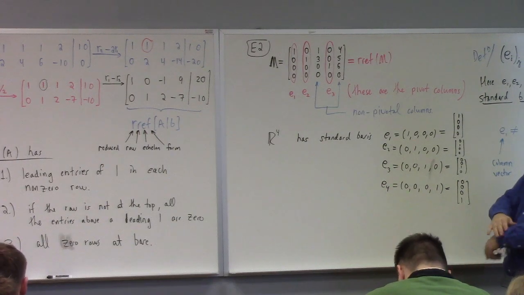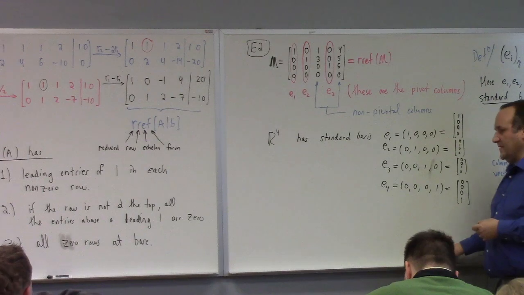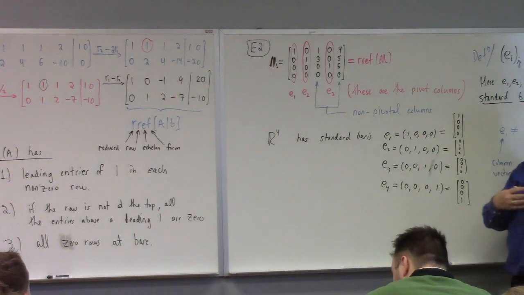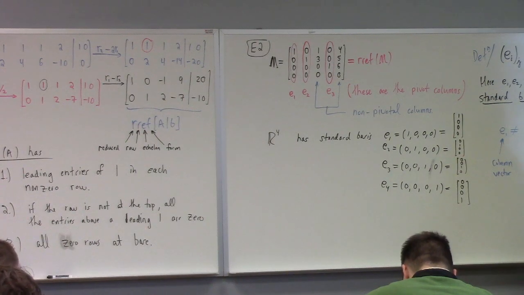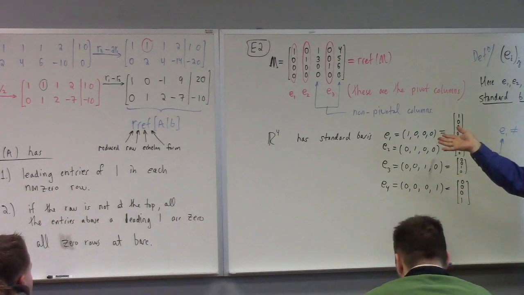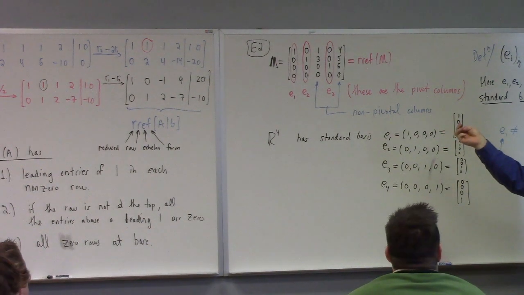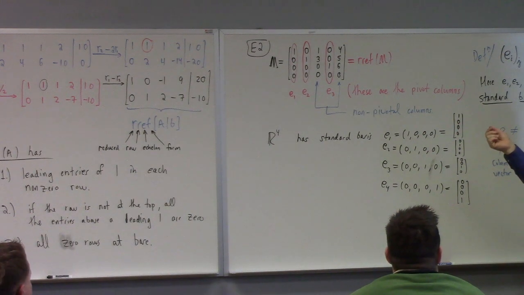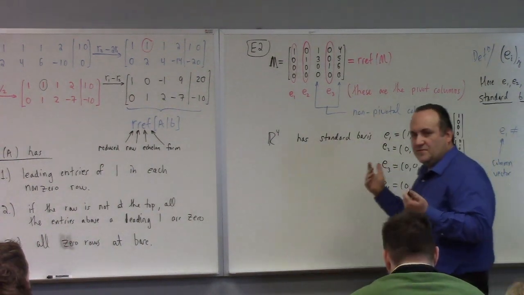Now that I've spent 10 minutes trying to describe a little bit what we're after in terms of reduced echelon form, let me return to the question. First of all, what does echelon even mean? Anybody know? Echelon is like a rank, but it actually is from the word for stairs.